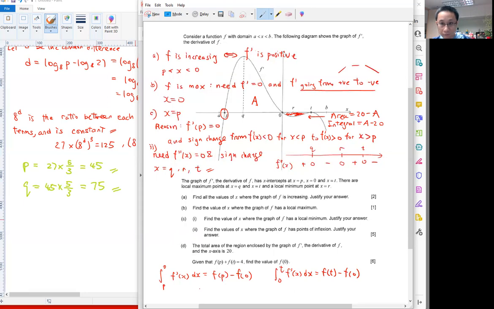So we have a equals f p minus f0. And over there we have a minus 20 equals f. Wait, I messed up. It's f0 minus fp. But we have a minus 20 equals ft minus f0.